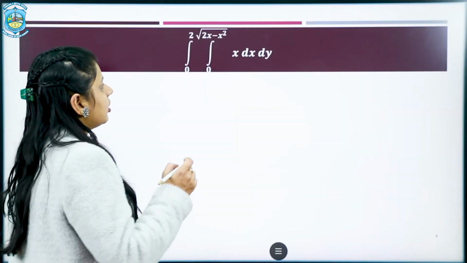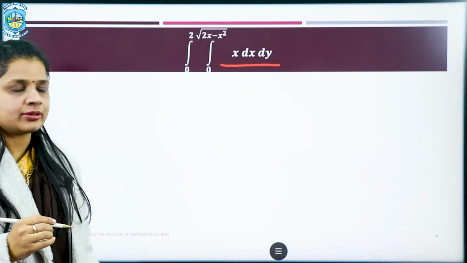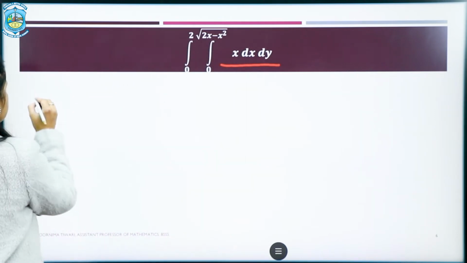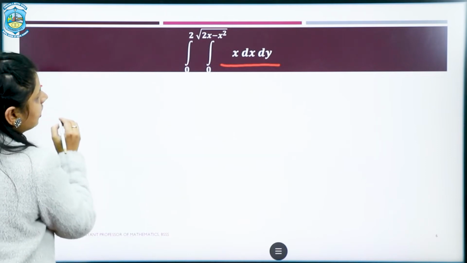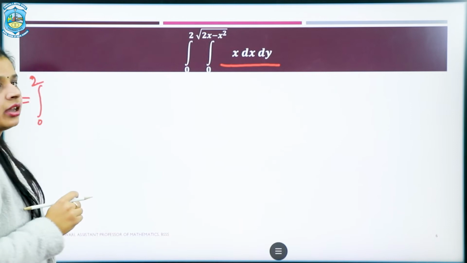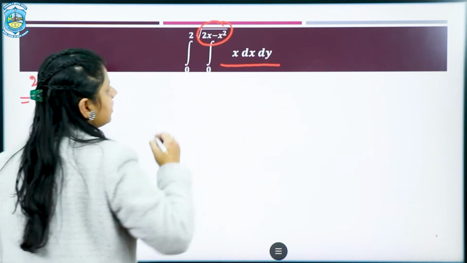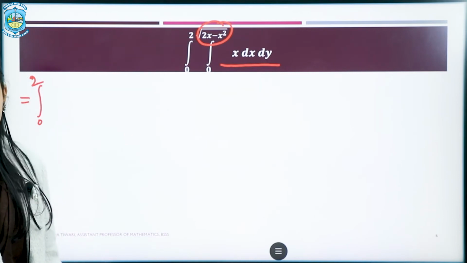Next, we will solve this double integral for the function x. Now, to this integral, we can write integral 0 to 2. We observe that limit of this second integral is function of x.